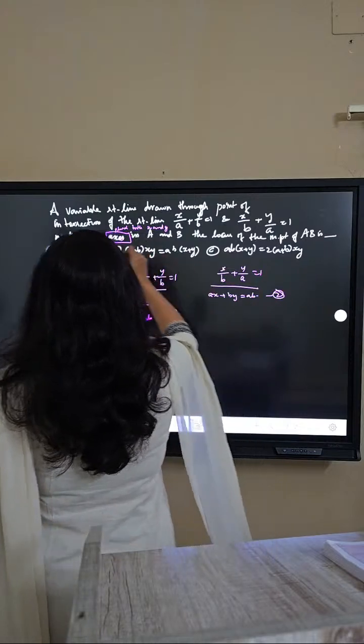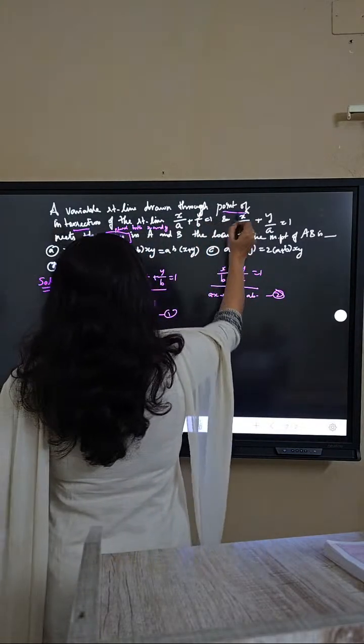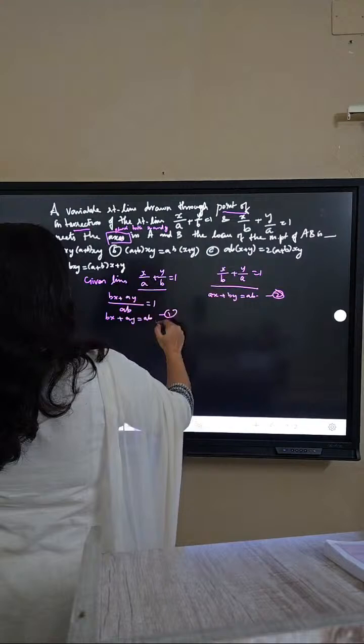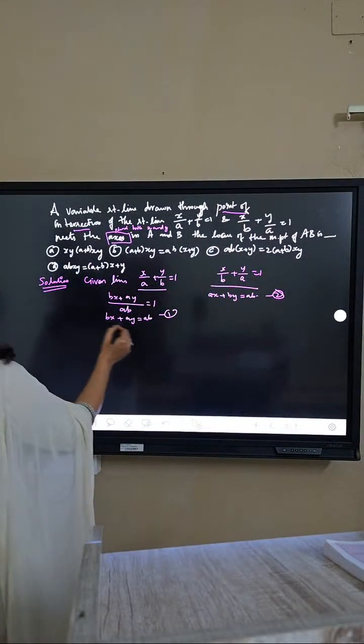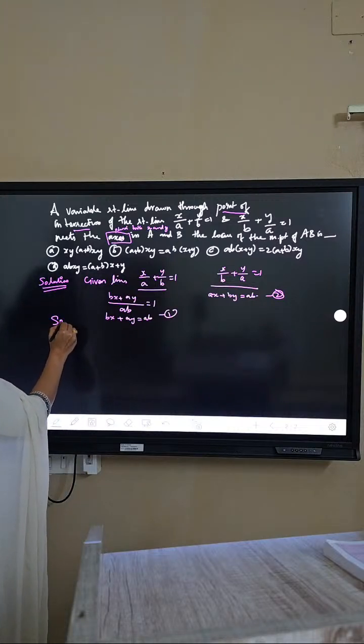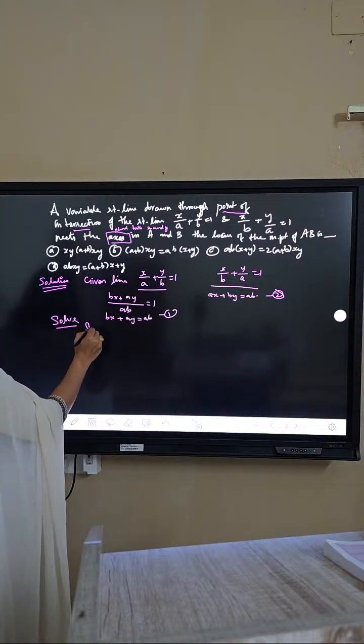You are given the point of intersection. How can we find the point of intersection? Solve these two and find out x and y. Solve 1 and 2 right now, all of you solve along with me.